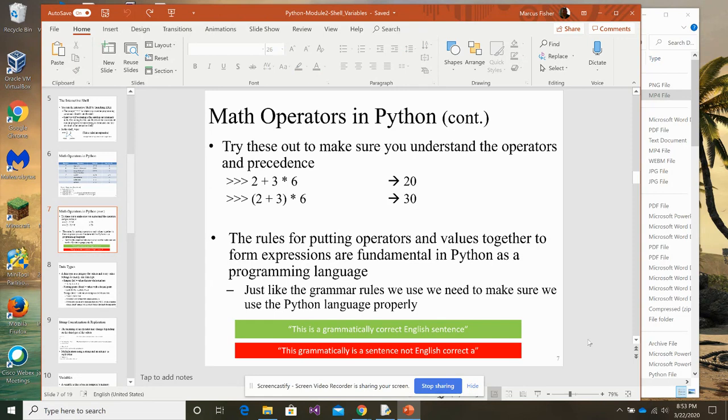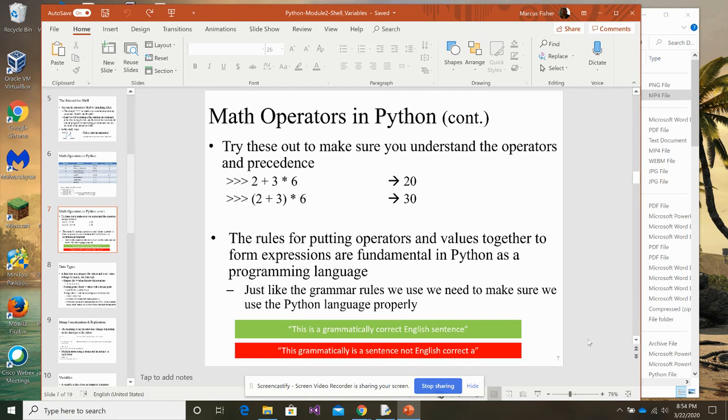Okay? All right, so the other thing we need to become familiar with is that once we learn the Python programming language, it's basically putting all of the proper Python commands together to form executable statements. And so we need to understand the grammar of the language.